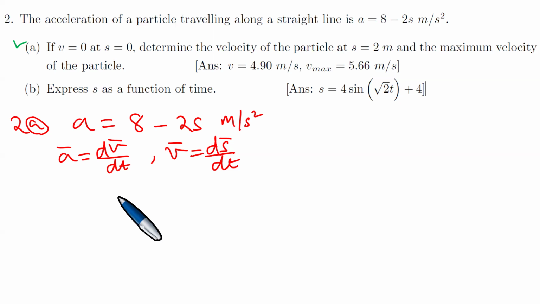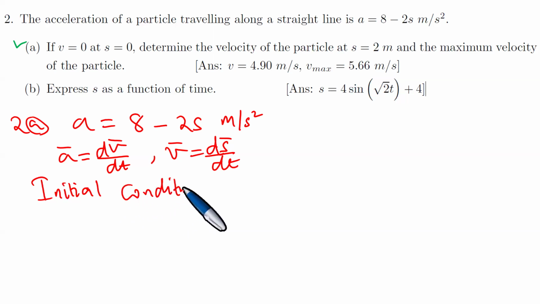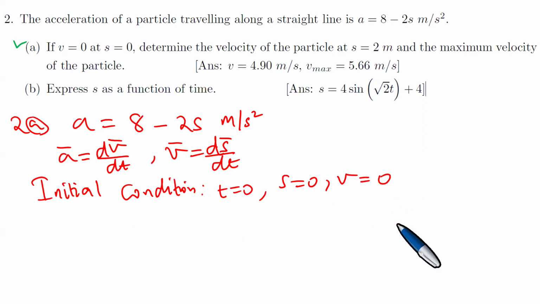I want us to examine this with utmost caution. So now we have the initial condition. What is the initial condition? Right, the initial condition is that time initially was 0, displacement was 0, and velocity was 0 in the beginning.